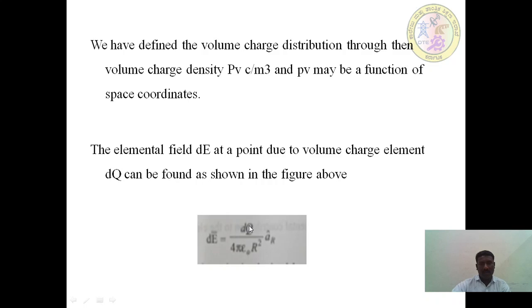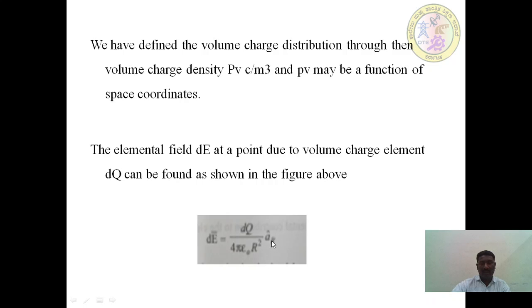Because we know that a field due to a single charge is given by q divided by 4 pi epsilon naught r square, using that formula you can define the elemental field dE equal to dq divided by 4 pi epsilon naught r square into the vector ar.